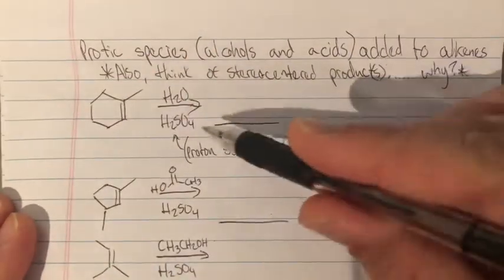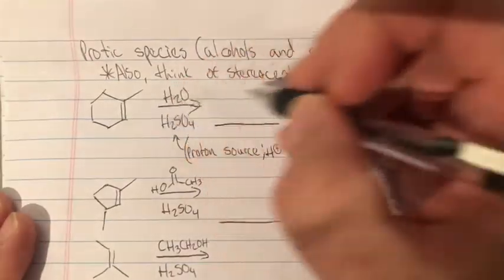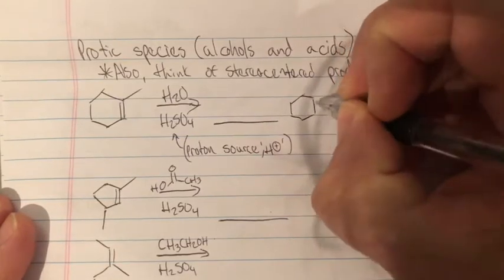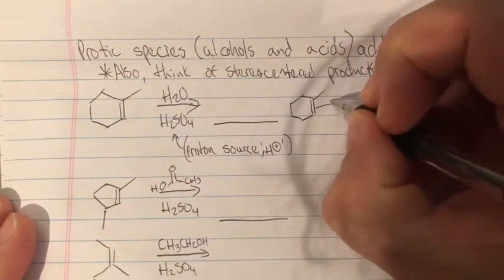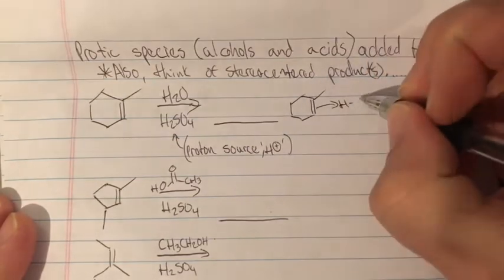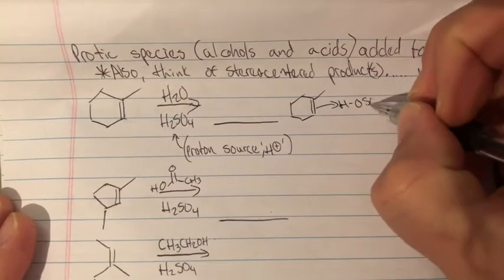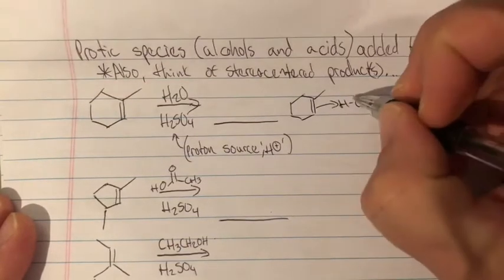Or maybe a little bit of a slight excess, depends on what the kinetics are. So if we were to do our mechanism here, we're going to pick up hydrogen from that sulfuric acid source.